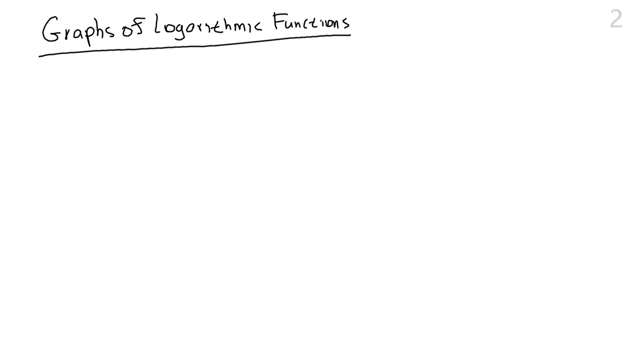Next, we're going to look at graphs of logarithmic functions. Just like the graphs of exponential functions, they're broken down into two cases, whether they correspond to exponential growth or exponential decay. So we're going to look at functions that look like log base b of x. And there's two cases. For all cases, b is greater than 0, just like for exponential functions.